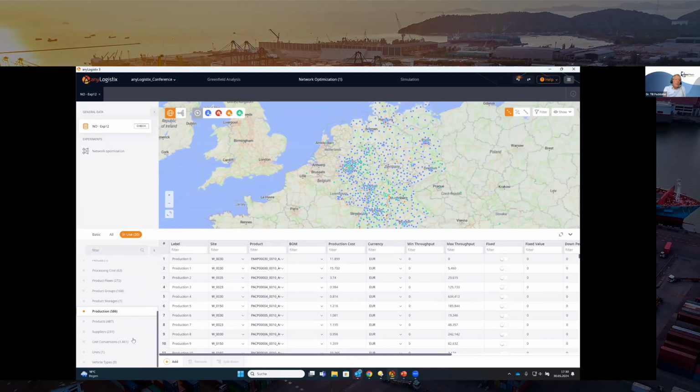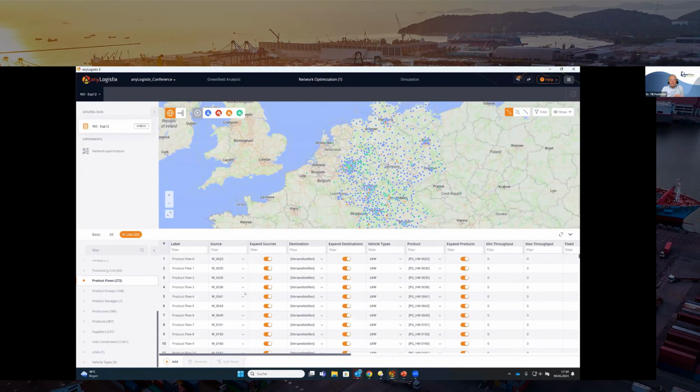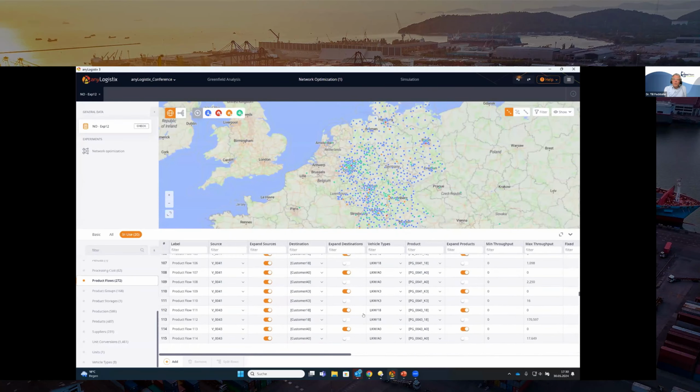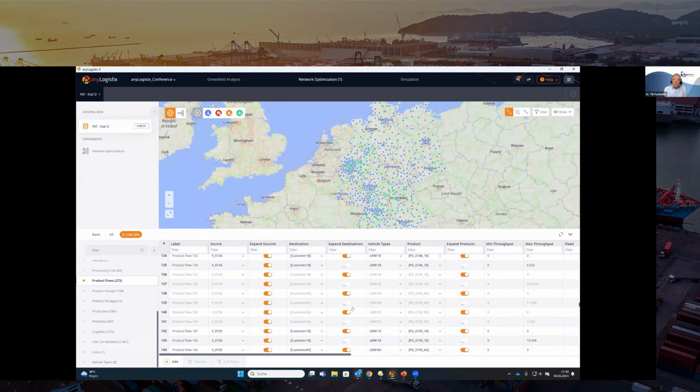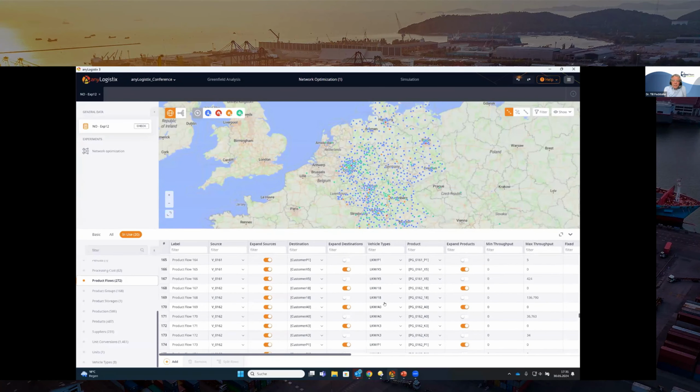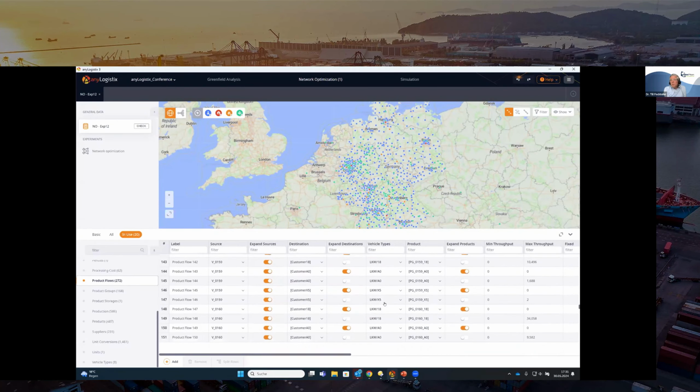And the product flows are limited according to the capacity of the shipping points. You will find here also maximum throughput for these product flows in case of the flow from a given shipping point to a customer group. This is how we set up the model.